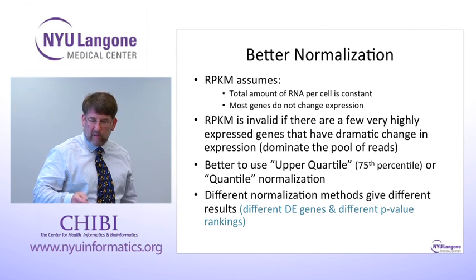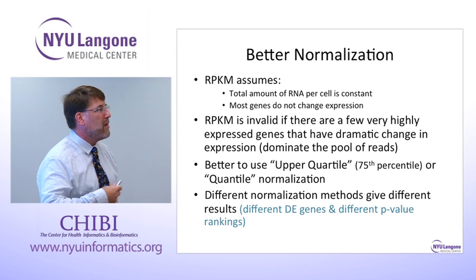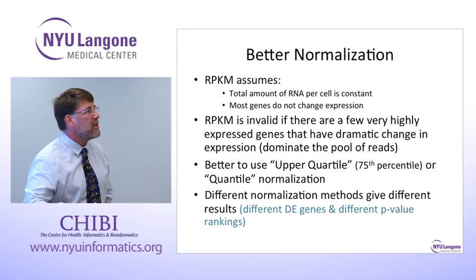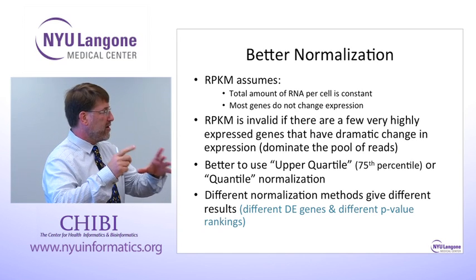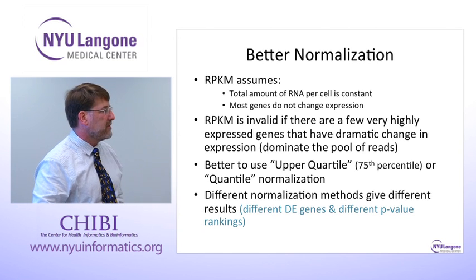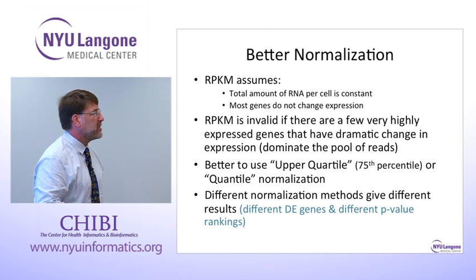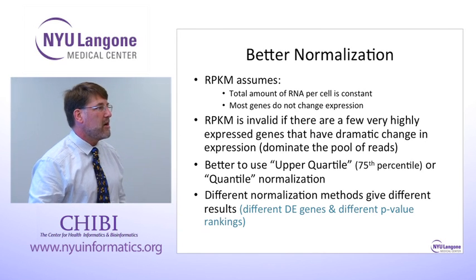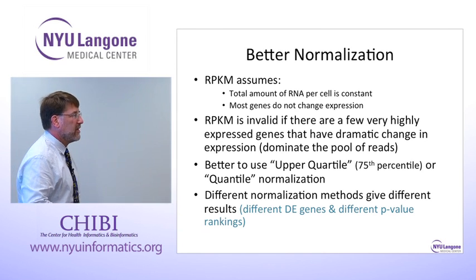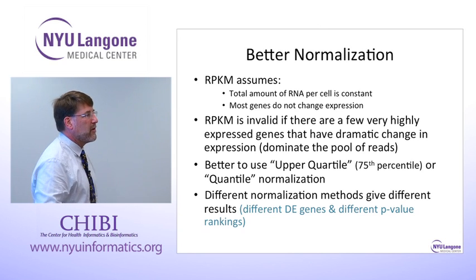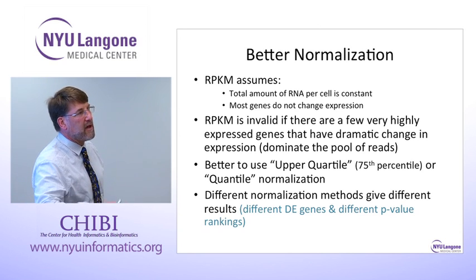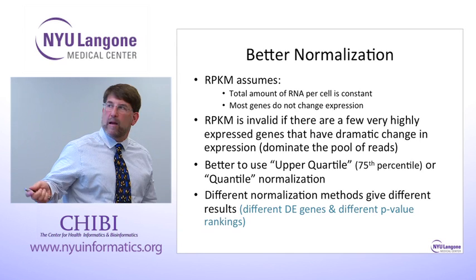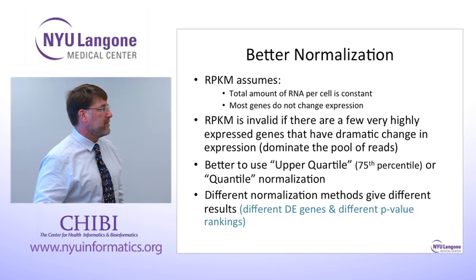And then it also assumes a baseline that most genes don't change expression, a few do, so that you can normalize based on some sort of mean weighted average. And that's not such a good assumption. There's a lot of biological experiments where most genes are making big changes in expression. We have some heat shock experiments where most genes are hugely downregulated and a few genes are hugely upregulated. And then the RPKM assumptions are violated.